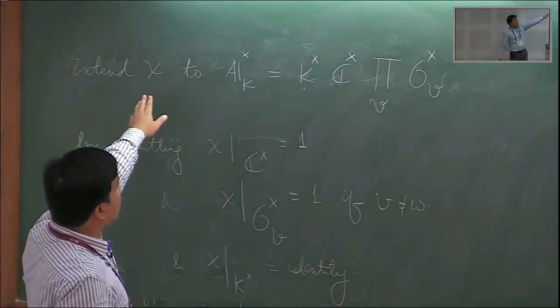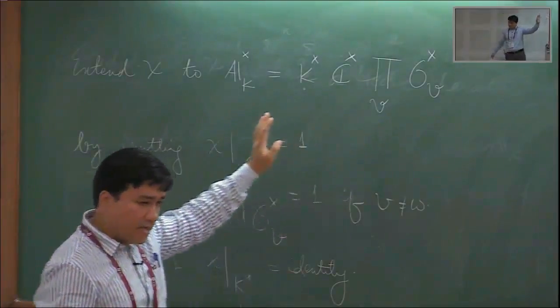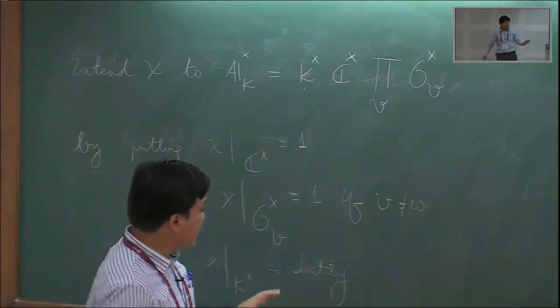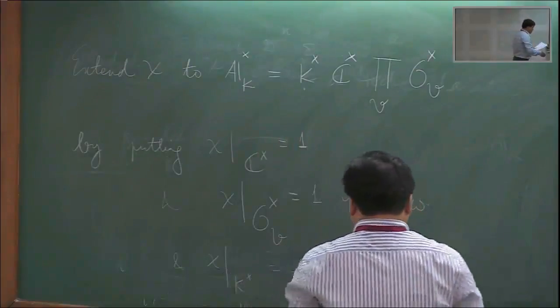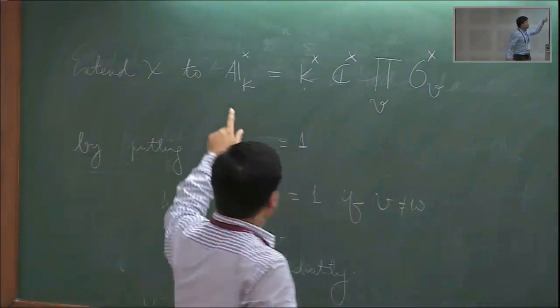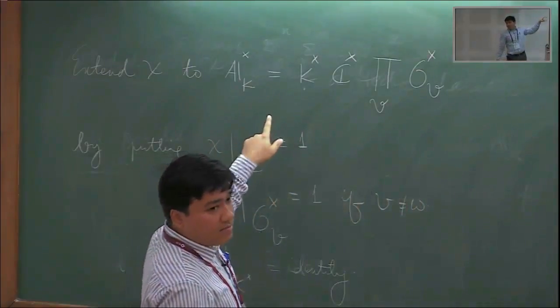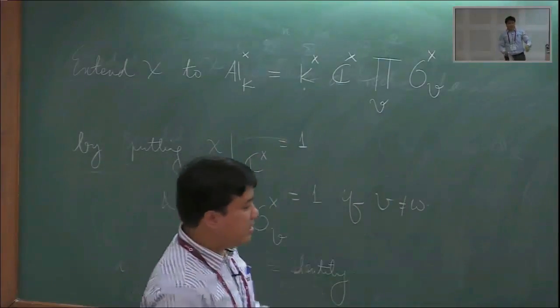Now I have extended my chi to the whole of A_K, and I get an algebraic Hecke character. I'm going to denote that extended Hecke character again by chi.